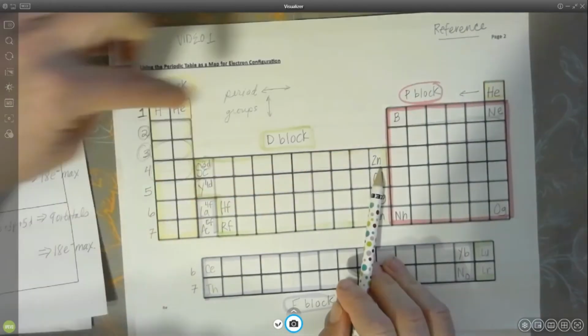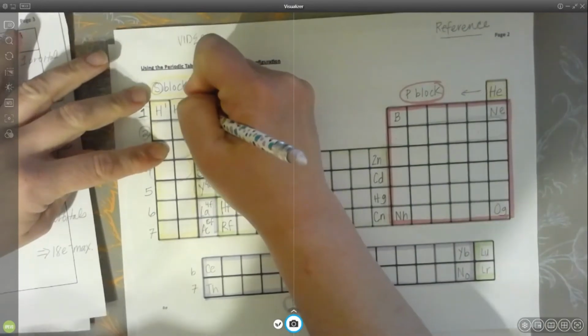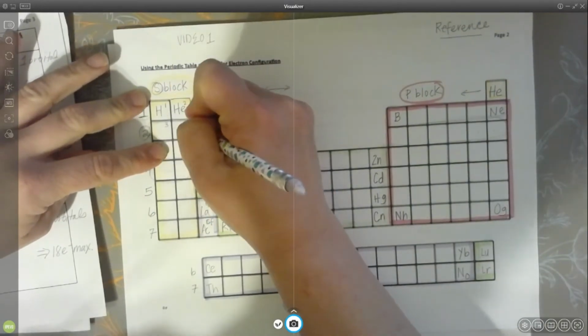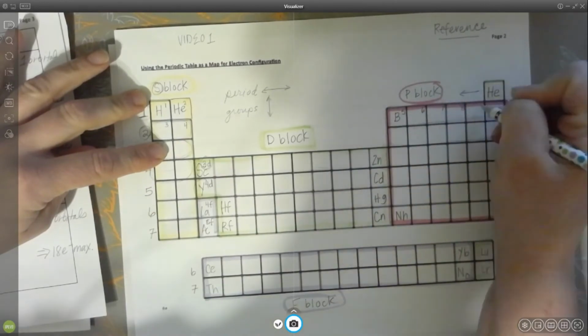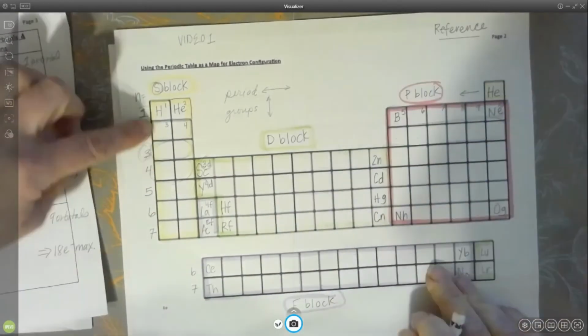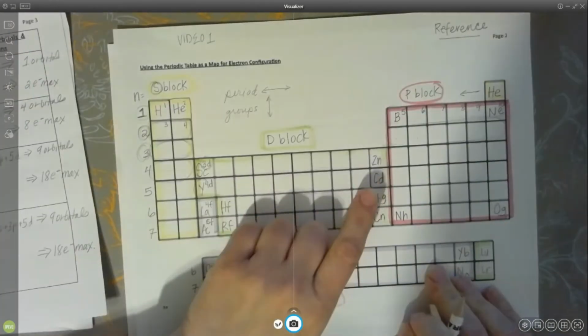And so you're going to go from atomic number 1 to atomic number 2 to atomic number 3, 4, 5, 6, 7, 8, 9, 10, and you just keep working your way up in order of atomic number.